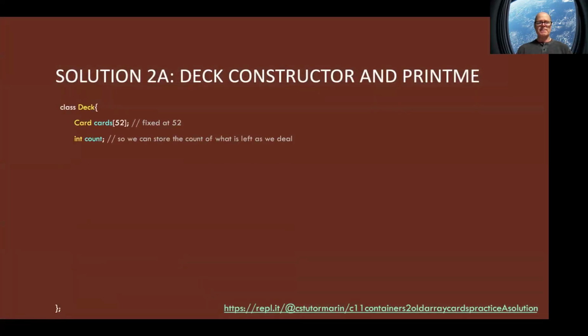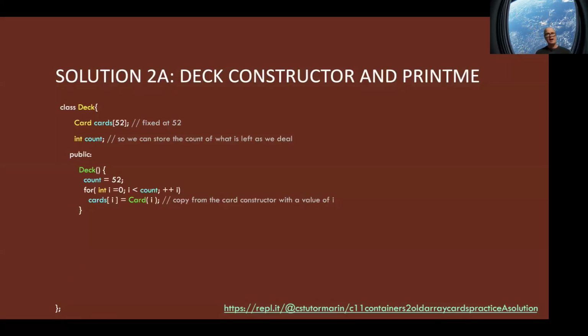So here's our deck. Here's our count. Our constructor is going to set the count. And notice how we initialize our array. So we say cards of I equals card type, the card constructor of I. Okay, so I'm saying, hey, create a brand new card, give it an I value for its constructor, and then copy that whole thing over the top of cards of I. Even though cards of I already existed, we're just going to write the new card over the top of that in our constructor, okay?